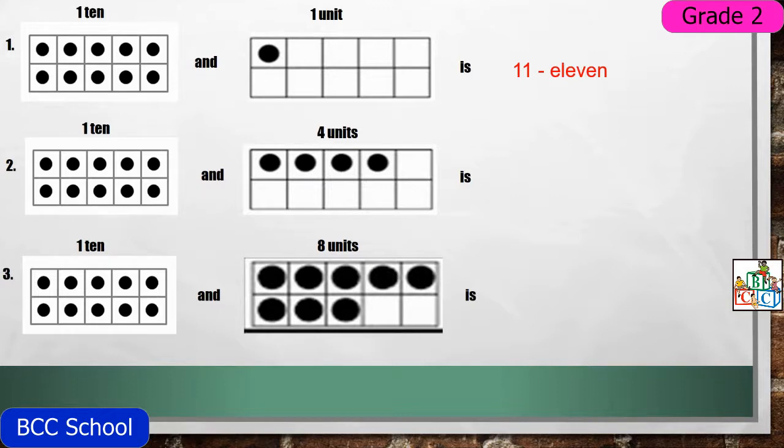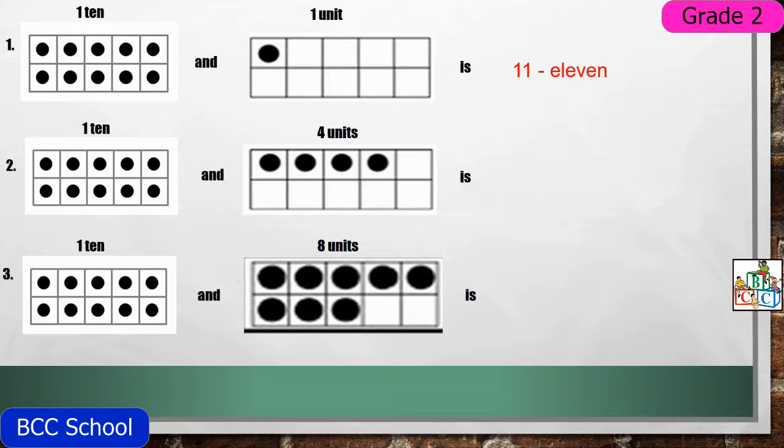Next one. We have the same thing. Now in the second 10 frame, we have 4 dots only, which represent the number 4, which is 4 units. So one 10 and 4 units, how much is it? It is 14. Very good.